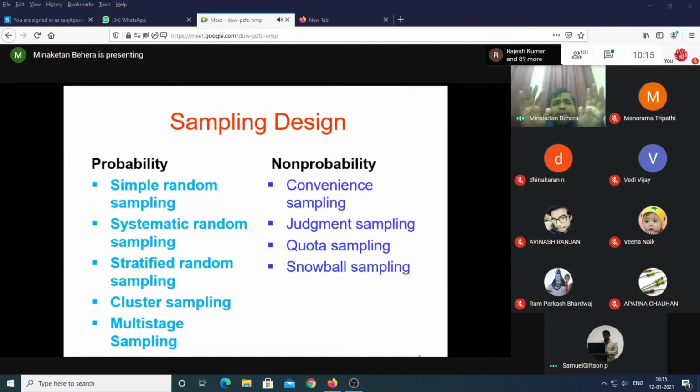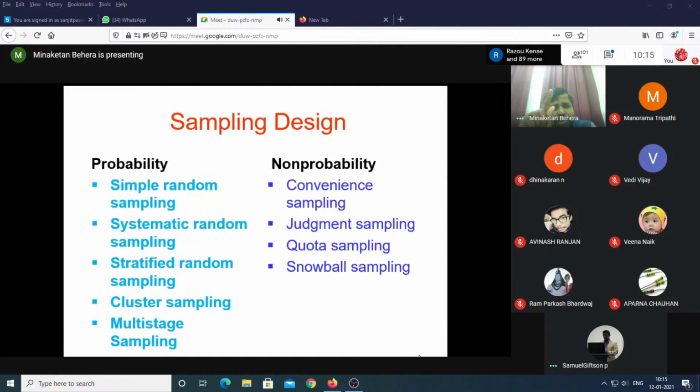Within probability sampling methods, you will find simple random sampling, systematic random sampling, stratified random sampling, cluster sampling, and multi-stage sampling.